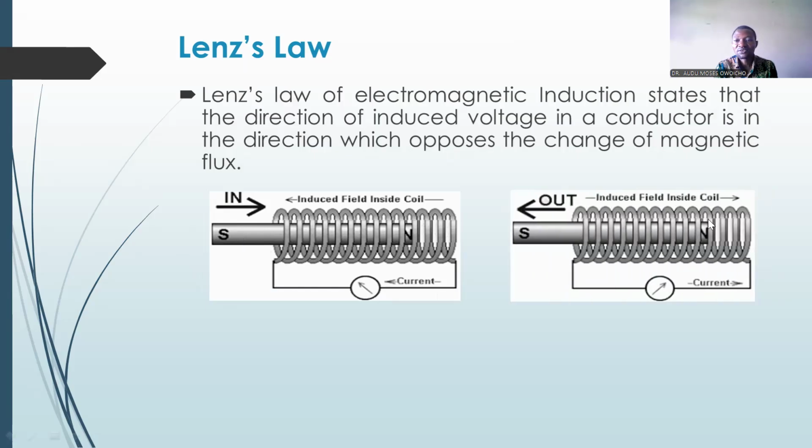And when the magnet is being pulled out, there was also a deflection. This deflection, represented by the negative sign, is what was observed by Lenz. If there is a movement of a bar magnet keeping the coil constant, or the coil keeping the bar magnet constant, current is induced. But the direction is opposite to that of the bar magnet or the coil, as the case may be.